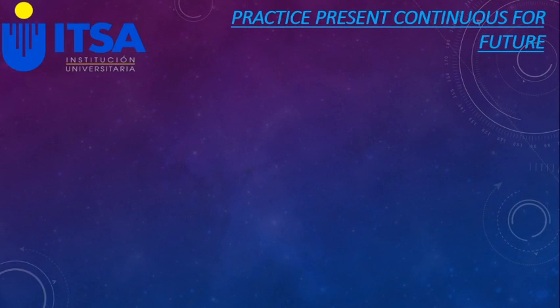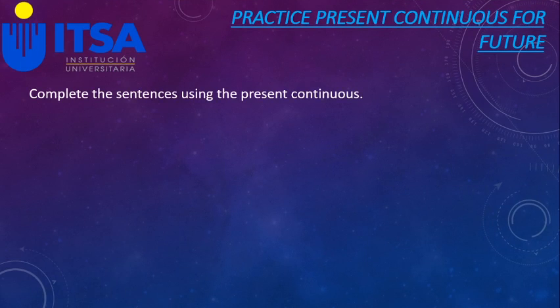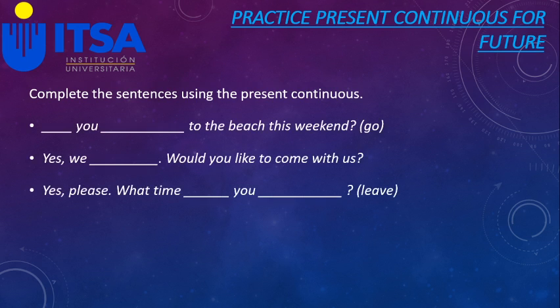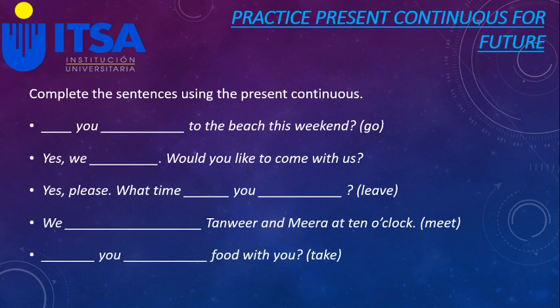Now, let's practice a little bit using the present continuous for future. We are going to complete these sentences using the present continuous. We have these 4 or 5 sentences. In the first one, we have a question. So remember, as a question, you need the verb to be and the ing form of the verb.